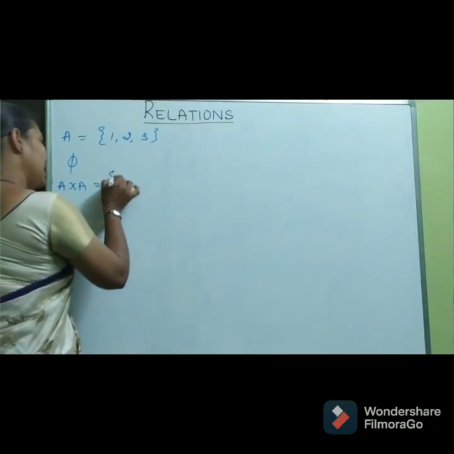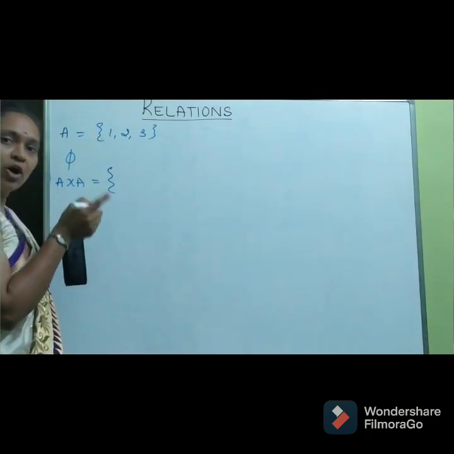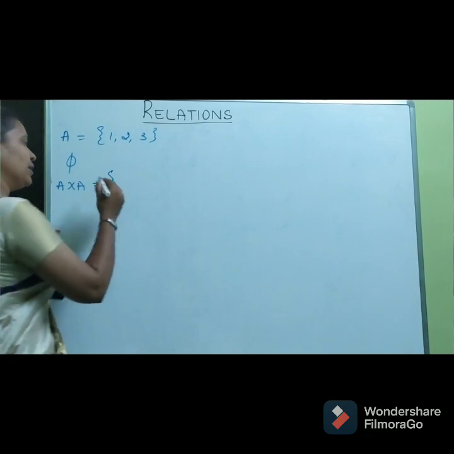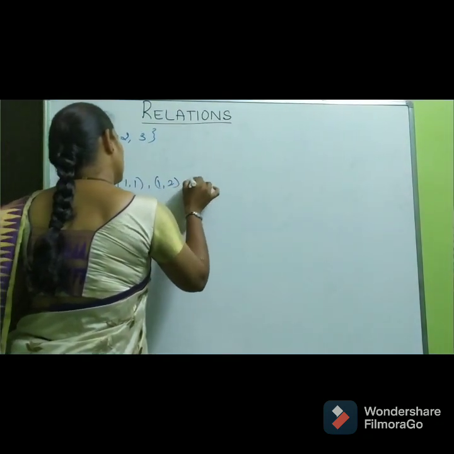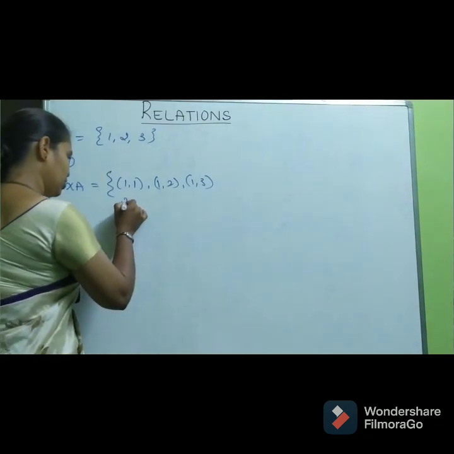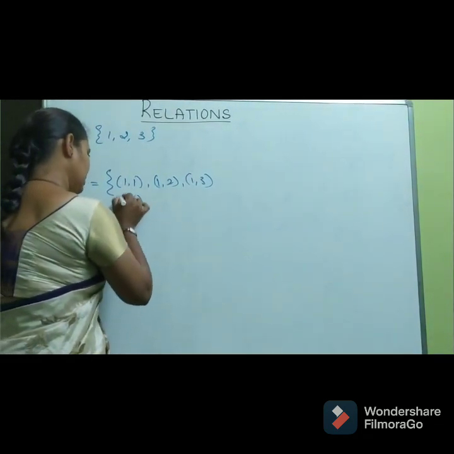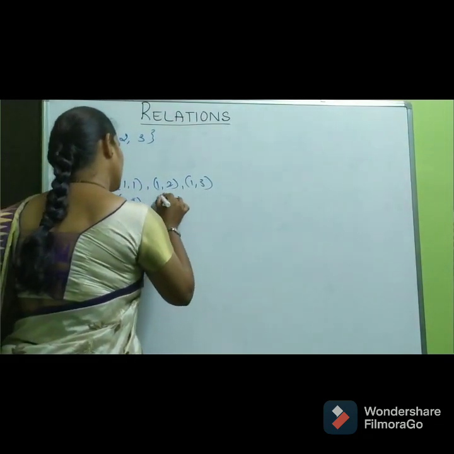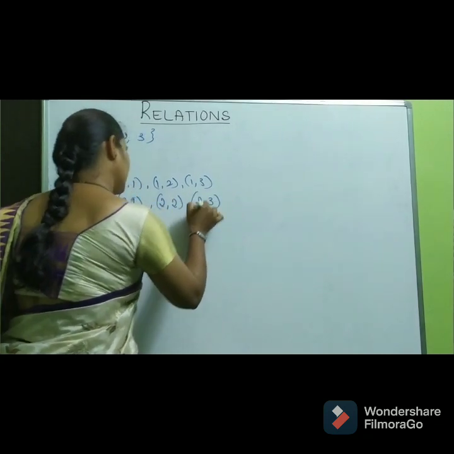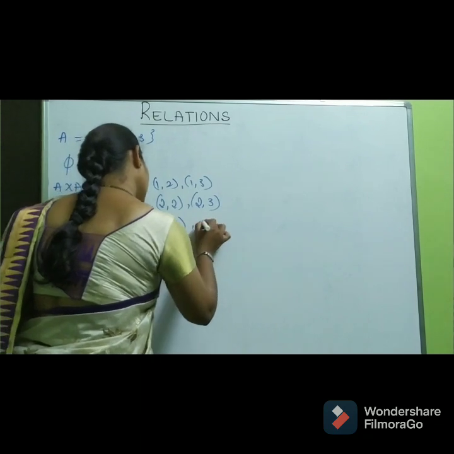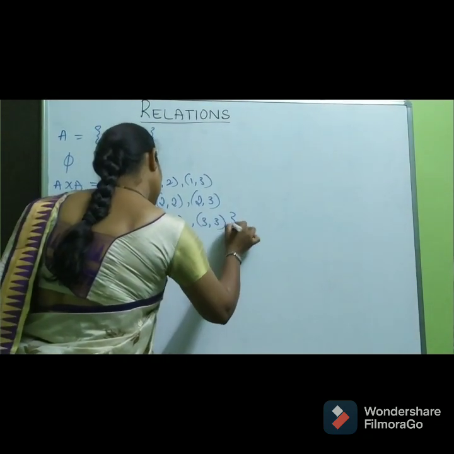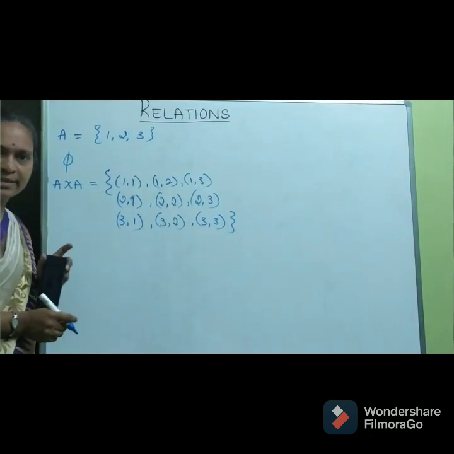A cross A is a relation on A, from A to A. So it will be (1,1), (1,2), (1,3), (2,1), (2,2), (2,3), (3,1), (3,2), (3,3). This is our universal relation.